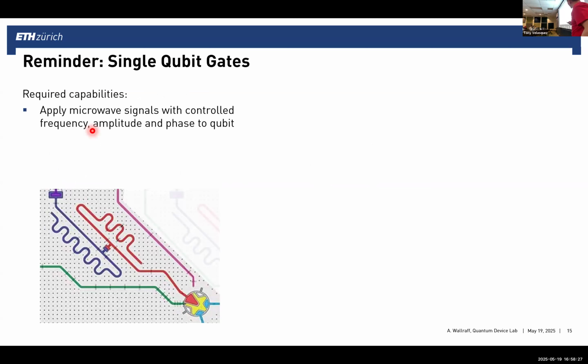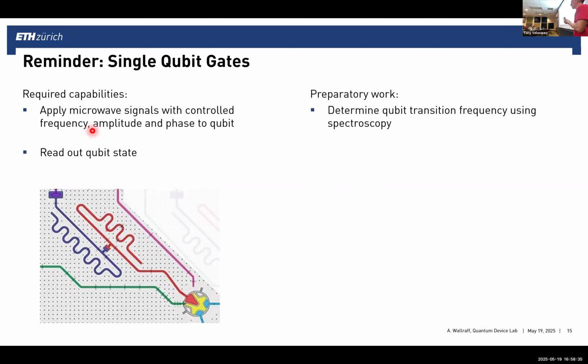So here you see a piece of that chip that we've just discussed. The first thing that you do when you get going is you try to apply microwave tones to your qubits to find their transition frequencies. Then you make short pulses of these microwaves to prepare states.